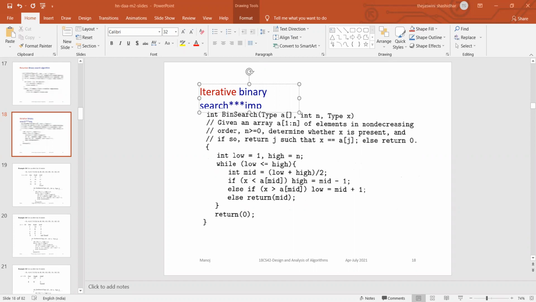Take the example, if there are 10 elements, 1, 2, 3, 4 up to 10.